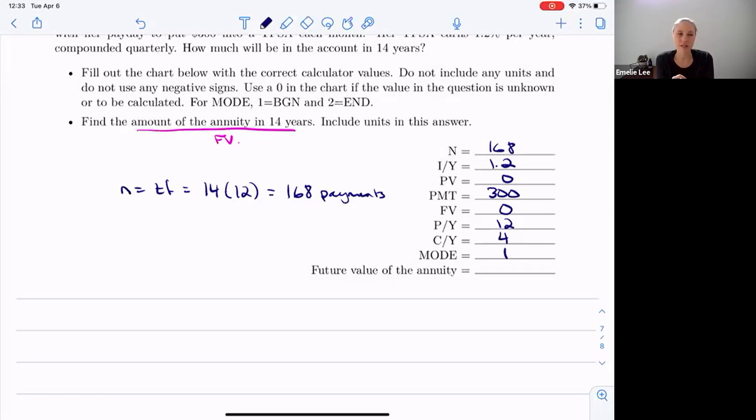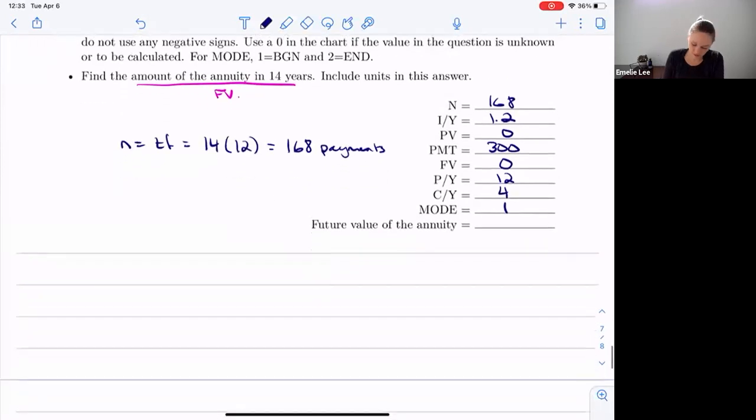Future value, I'll fill in 0 for now. 12 payments per year, enter. 4 compoundings per year, enter. And I need to be in the begin mode, which I wasn't on this one. Now I can compute the future value.